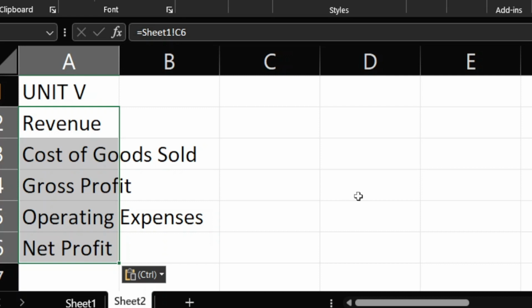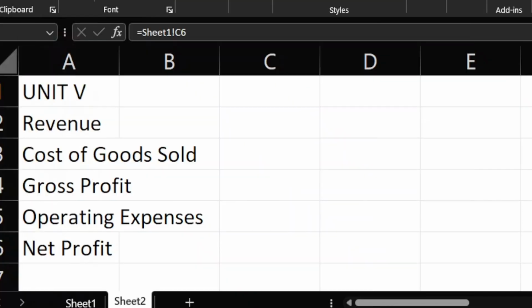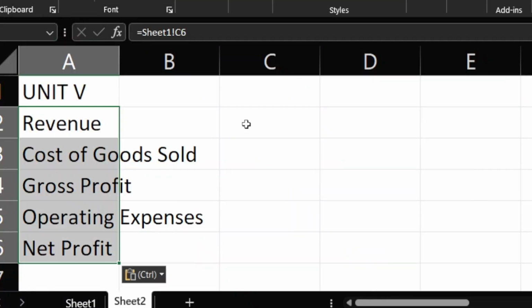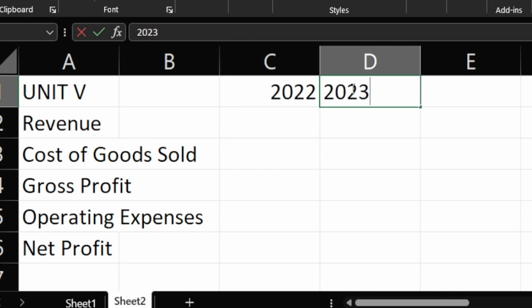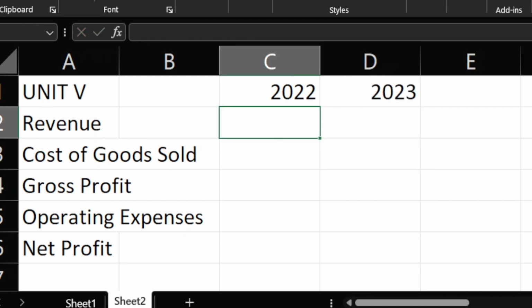So now we will see by taking some practical financial figures. Assume it is between 2022 and 2023, two financial years. In one year revenues are 50,000.